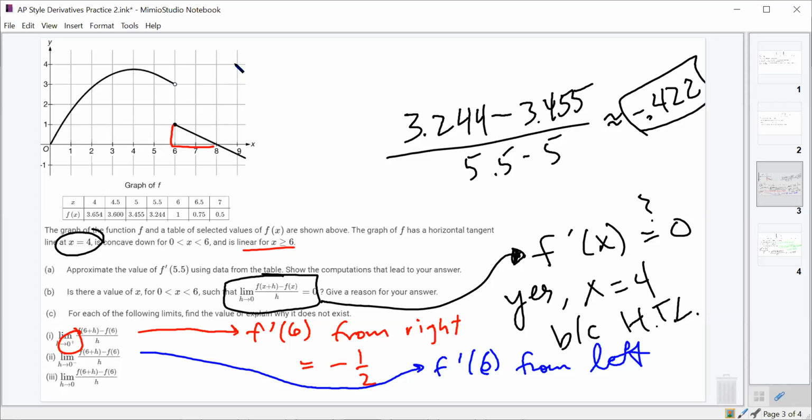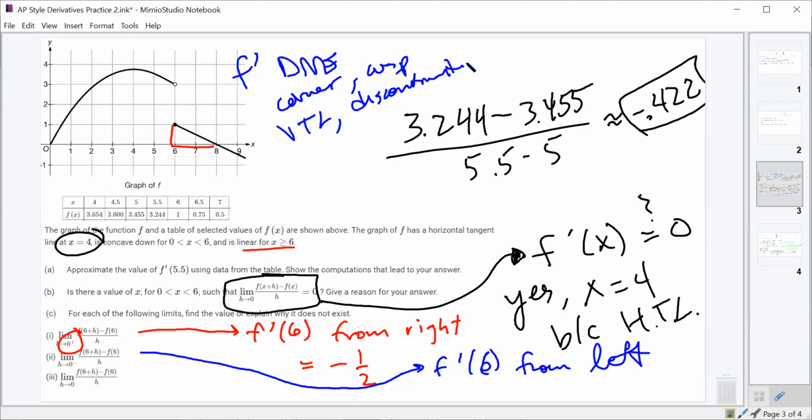No, right? There are 4 reasons why a derivative might not exist. F prime does not exist if we have a corner, if we have a cusp, if we have a vertical tangent line, or if we have a discontinuity there. And there's no point there, so we can't have a derivative there. So we'll say f prime of 6 from the left does not exist.